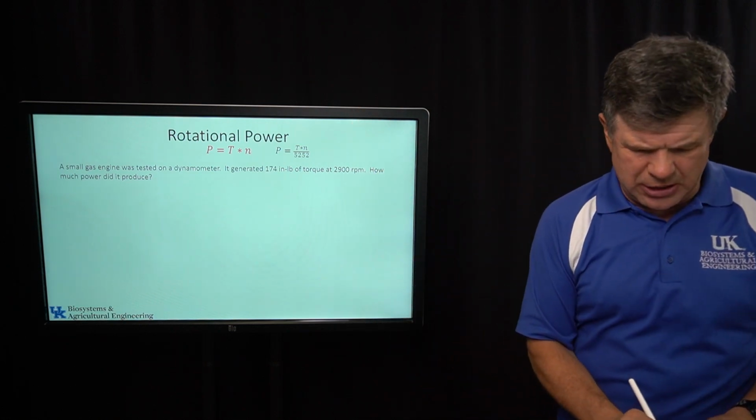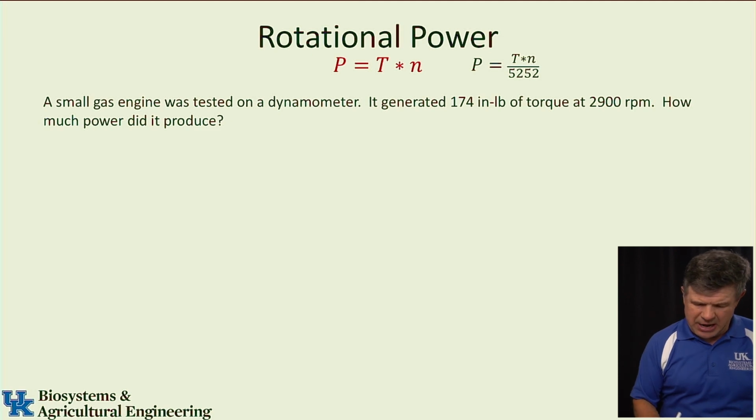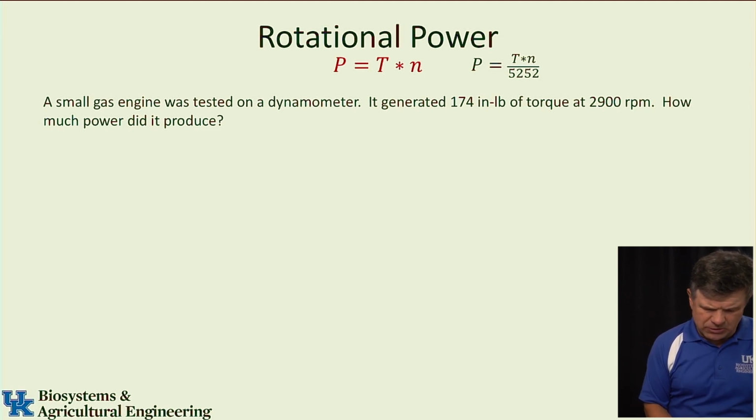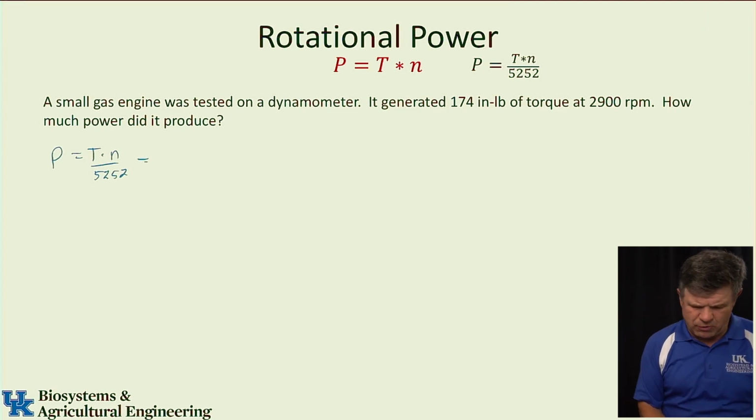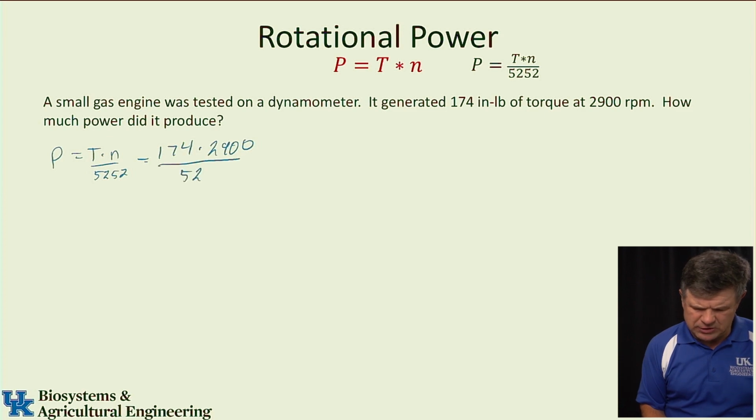Let's just plug it in. Power is equal to torque times speed divided by 5252. What is our torque? Our torque is 174, so 174 times our speed, which is 2,900, divided by 5252.